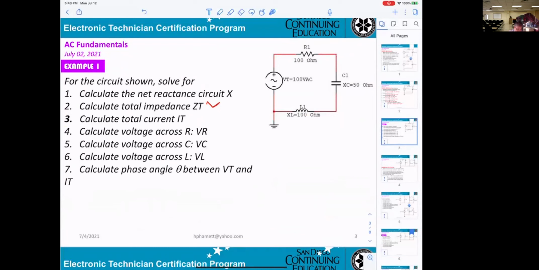And now, if you want to calculate the phase angle difference, and you remember the circuitry for the RL circuit, I believe theta will be tan inverse of X over R. Okay, any question on this example?